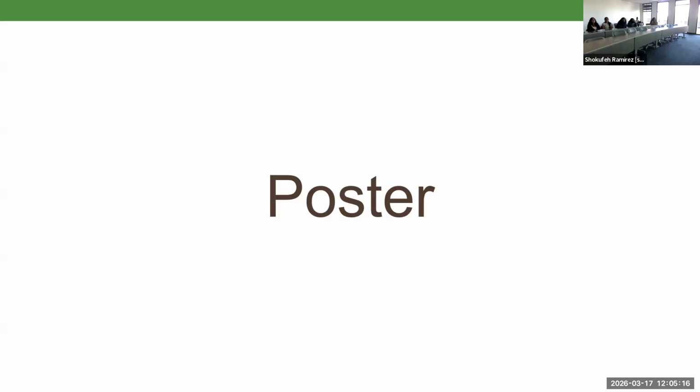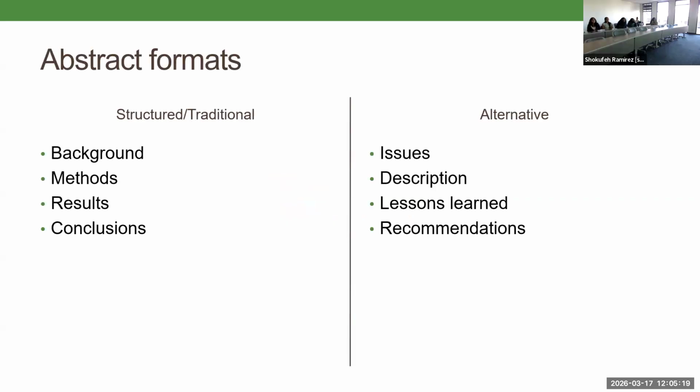So focusing on the poster. You might have one of two general formats for that. It might be the more structured, traditional version of the kind of abstract you submitted, with a background, methods, results, and conclusions. So that's the structure we're generally taught.